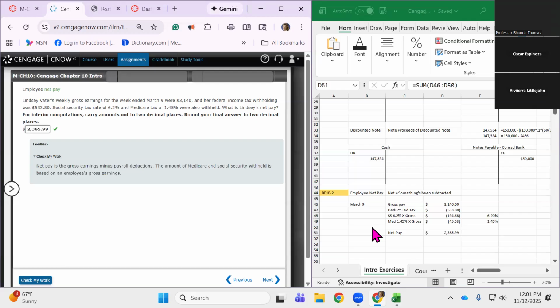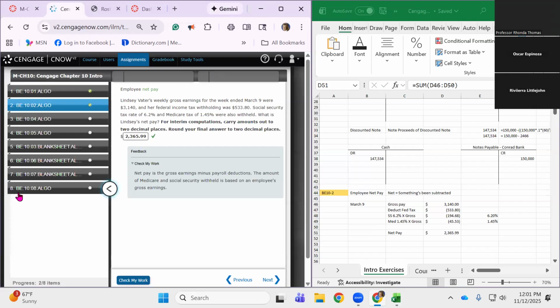So net pay. This is going to be part of this chapter, employers paying employees, because that becomes a liability to them as well. Wages payable, salaries payable, bonuses payable, any kind of way that you can compensate an employee. A lot of times you put it in a payable first.